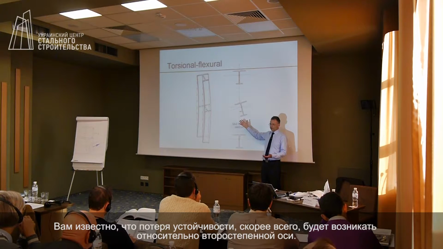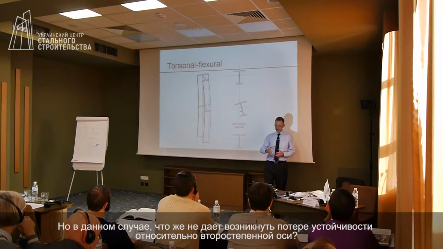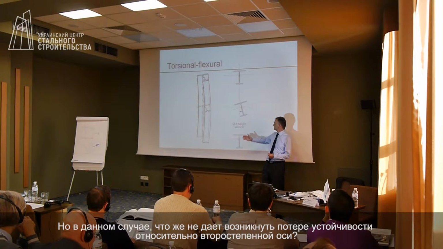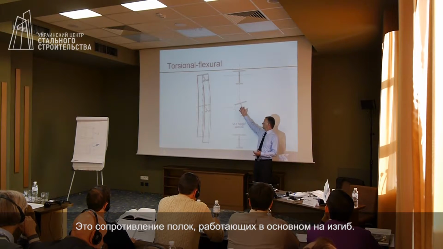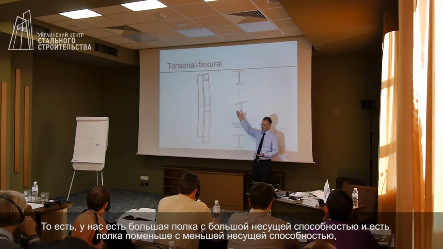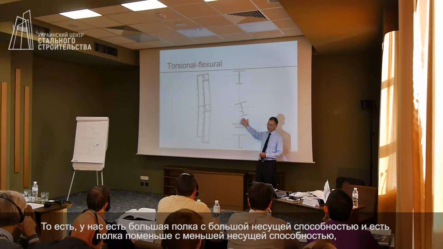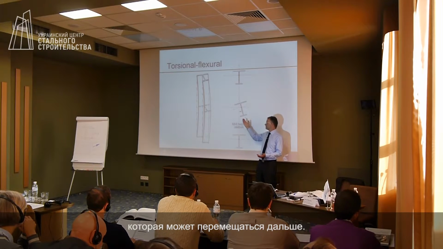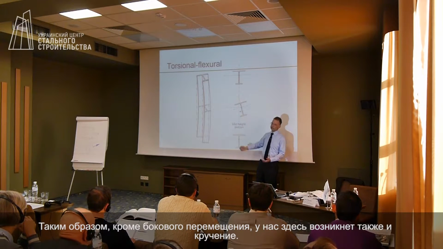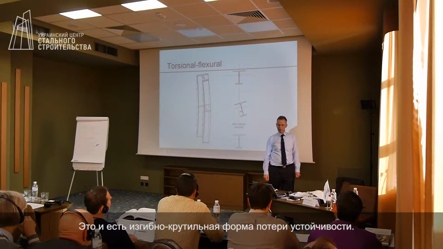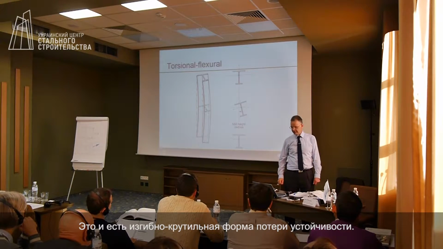You know that it wishes to buckle generally in the minor axis. What stops it buckling in the minor axis is the resistance of the flanges, generally in bending. Here we have a large flange with large resistance. Here we have a small flange, modest resistance, and therefore will move further. So not only do we get a lateral movement, we also get a torsional movement as well. So that's torsional flexural buckling.